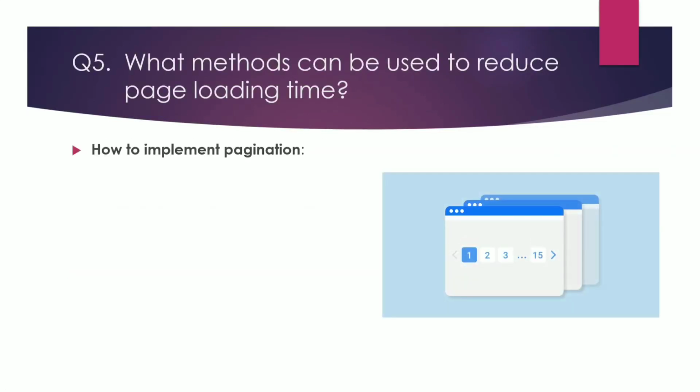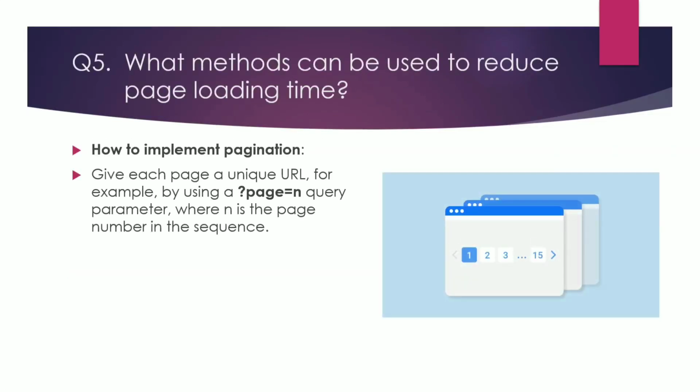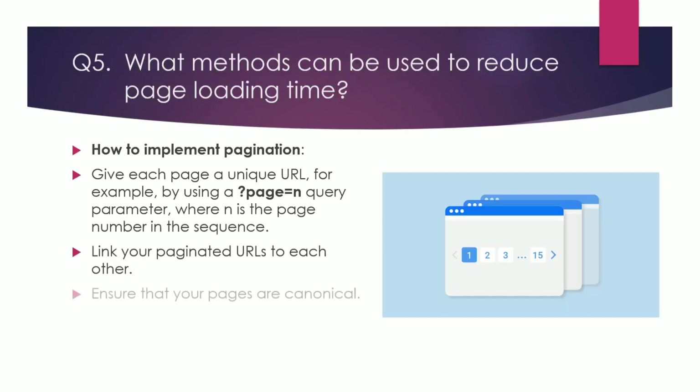Also, pagination can be easily implemented by using the query parameter. Suppose you can handle queries of page number in your backend, like page equals n, like page equals 1, 2, or 3. You can handle this query in your backend. Okay, and you can link your paginated URLs to each other so that easy navigation from one page to another can occur.